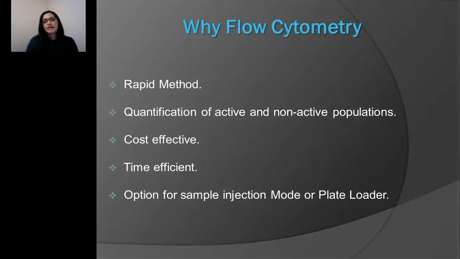And this is a great thing, because with the plate, we don't know how many dormant or non-viable cells we have, since the culture dependent method just cannot provide us with a number.